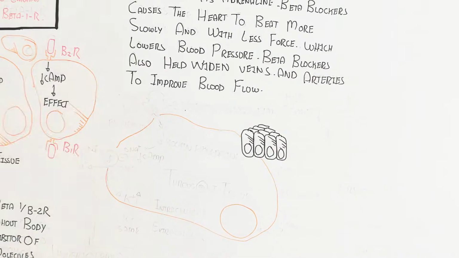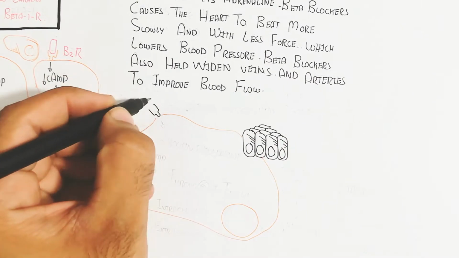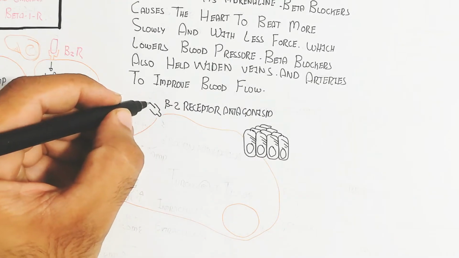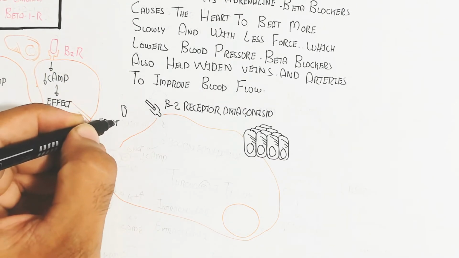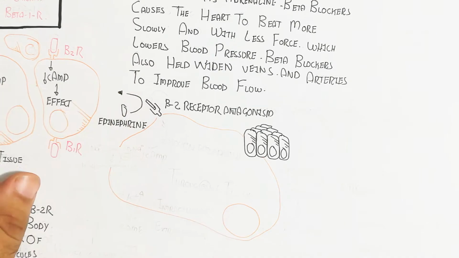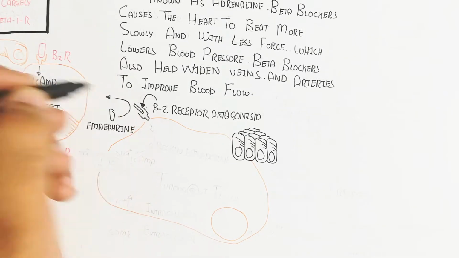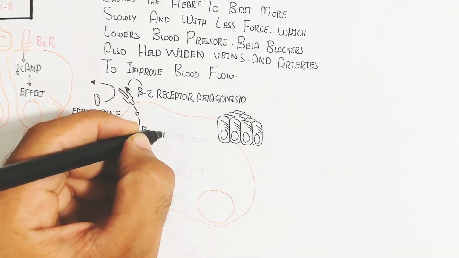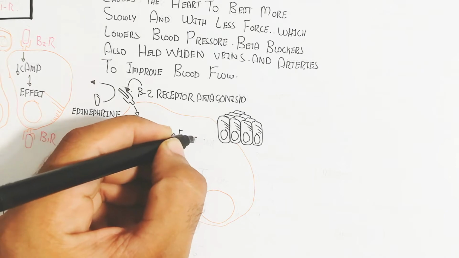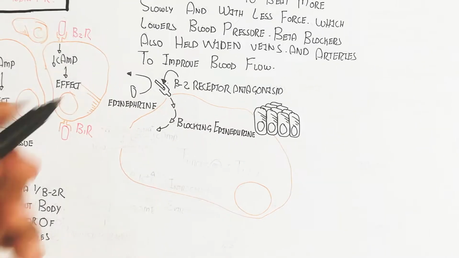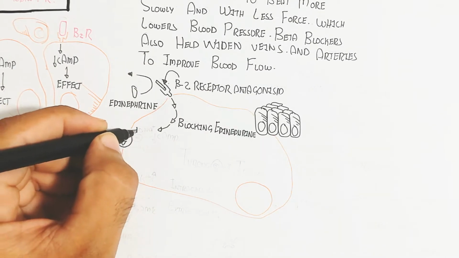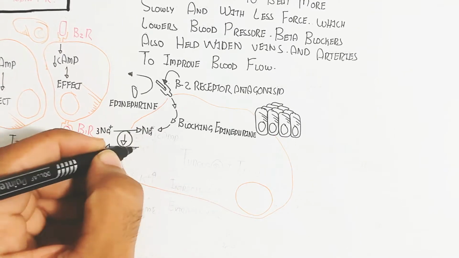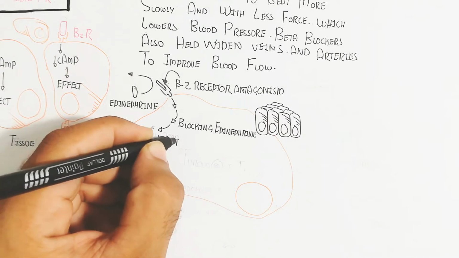Throughout the tissues, if we discuss the beta 2 receptor collectively, this beta 2 receptor requires the epinephrine and sympathetic nervous system activation, and blocking it stops the epinephrine from targeting and triggering the sodium-potassium pump, where 3 sodium move out and 2 potassium move inside.